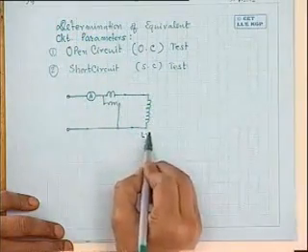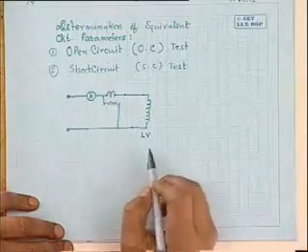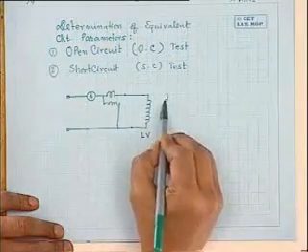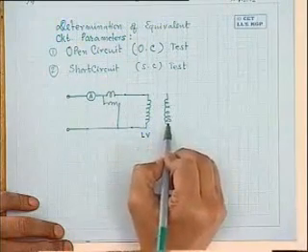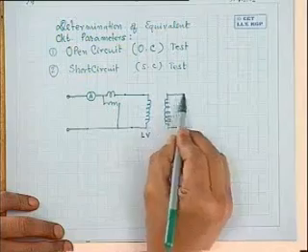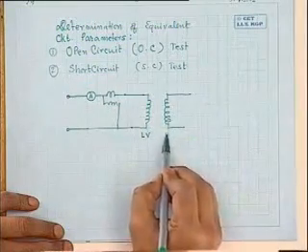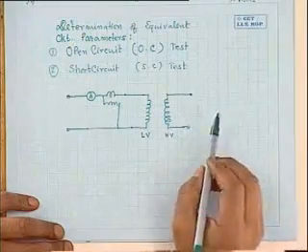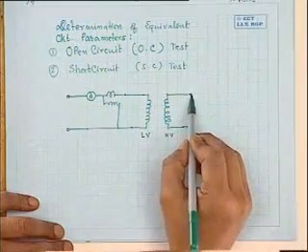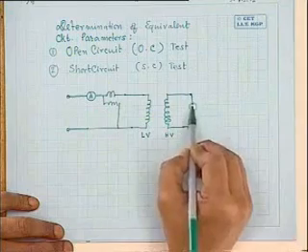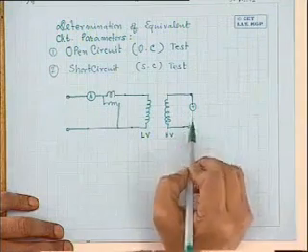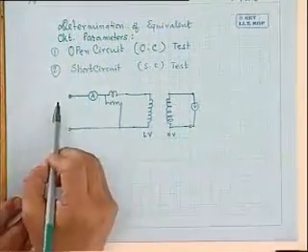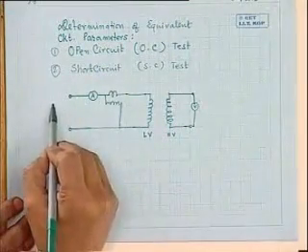Generally it is the LV winding which is energized for the purpose of this open circuit test, and then there is your HV winding which is kept open circuited. One can connect, of course, across the secondary only a voltmeter to record the voltage generated.